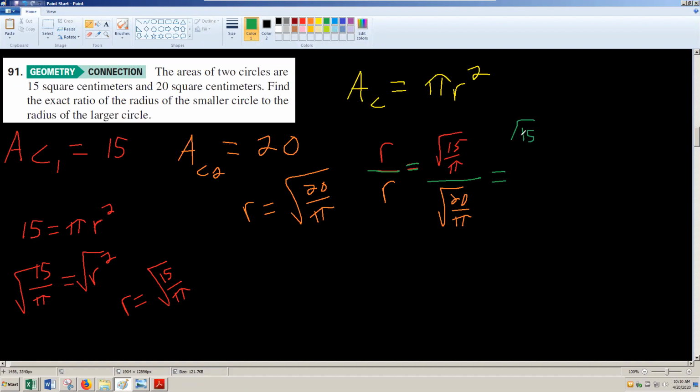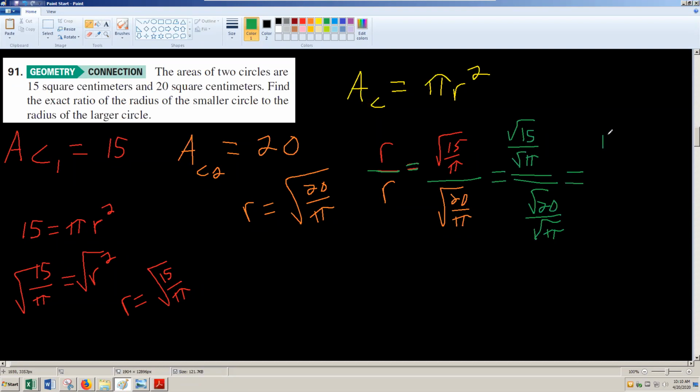So here we got root 15 over square root pi divided by, that's why I use this double sign here, root 20 over root pi again. So if you want to just cancel off these root pi's, you can. If you want to do the whole flip multiplication thing, you can. So if you want to think about this as root 15 over root pi times, and then flip this, root pi over root 20, you can.